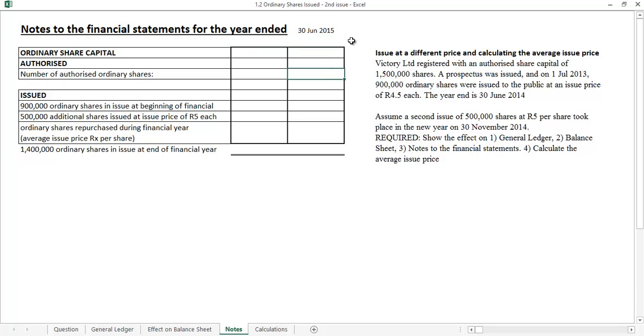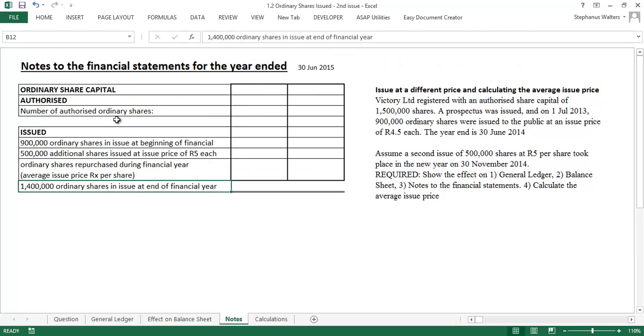In the previous year, we had 900,000. Let's start off with the authorized shares. Number of authorized shares is still going to be the 1.5. Sorry, let's just go back to the formula here. Number of authorized shares is 1.5 million.